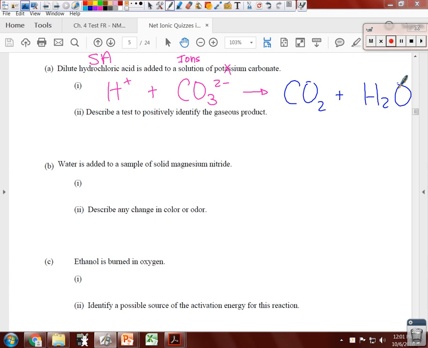Carbonates decompose into carbon dioxide because the hydrochloric acid is breaking down that carbonate ion. That's what I'm teaching. Here's the deal.